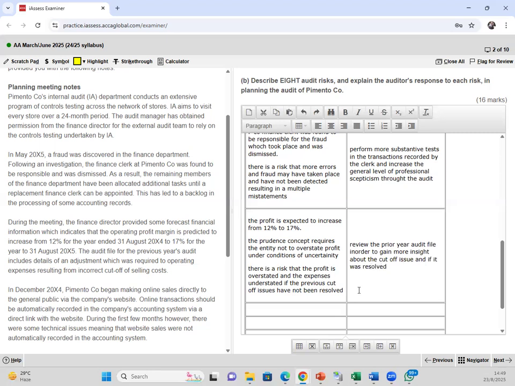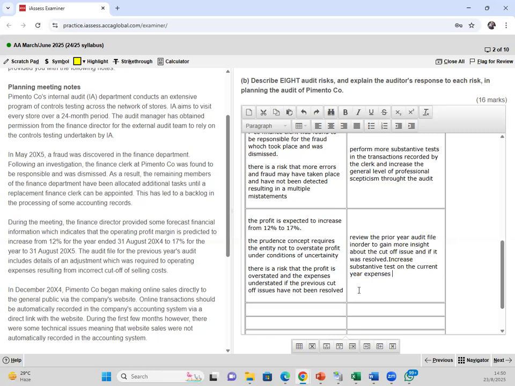And increase substantive tests on the current year expenses, because last year there were cut-off issues on the expenses tab.